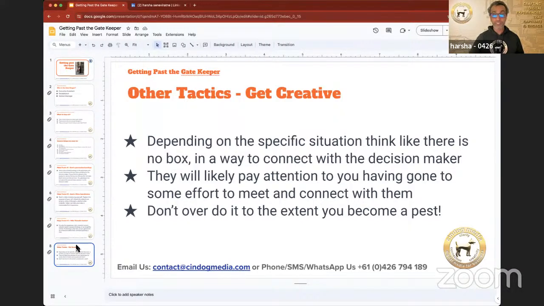Now, don't overdo it to the extent you become a pest. However, be creative. Find out they might be at some kind of charity event. They may be speaking somewhere. So you go and meet them, introduce yourself, tell them what you're trying to do, and introduce your product or service. So that is it for tonight.